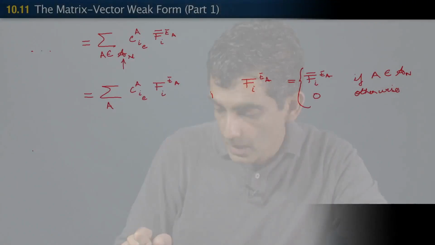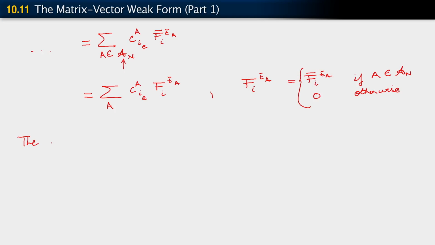All right. So what have we here? We are now in a position to look at our total finite dimensional weak form with all these element integrals accounted for. Okay, right, it is the following.